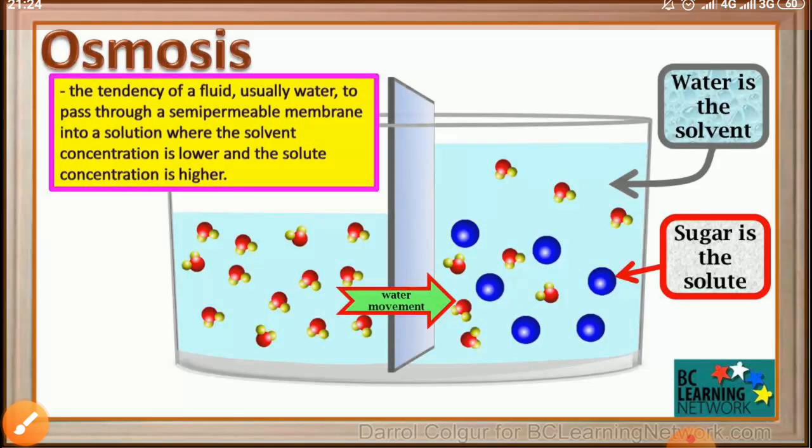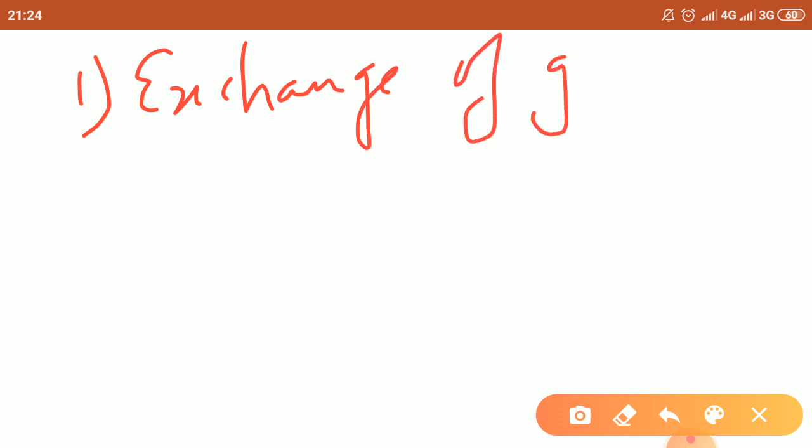Fine. Now, before coming to the slide, let me give you a few more examples, or we can just call it more significance of diffusion. The very first thing that I have told you about is the exchange of gases.